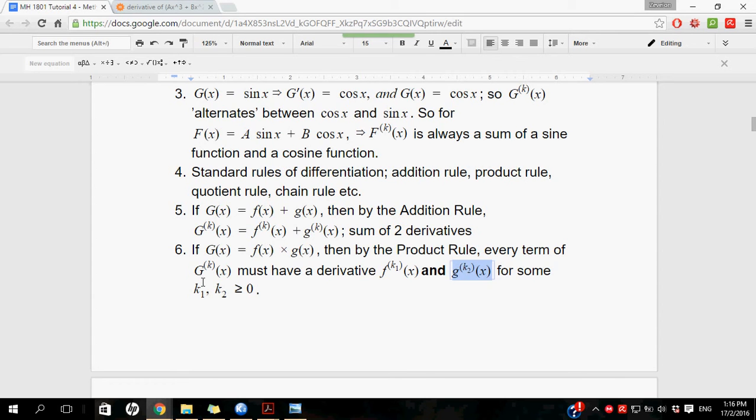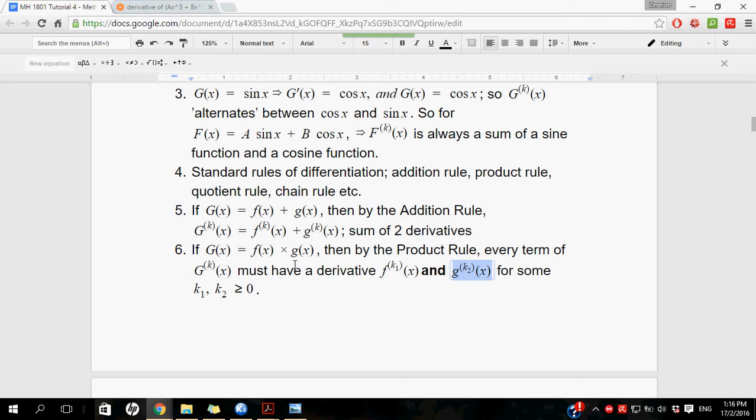When we do the product rule, we have to differentiate f of x and multiply it to g. Then we add on f of x multiplied to the derivative of g.